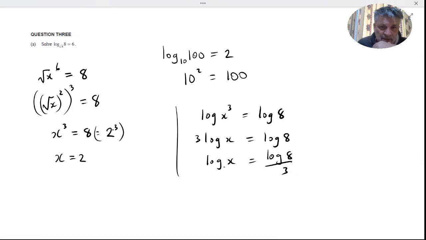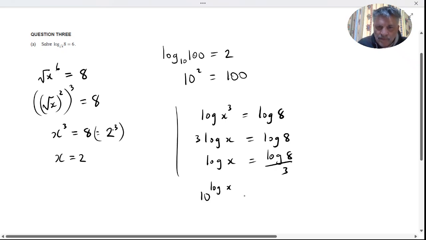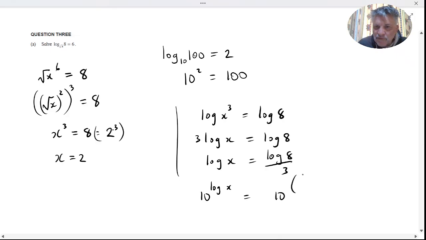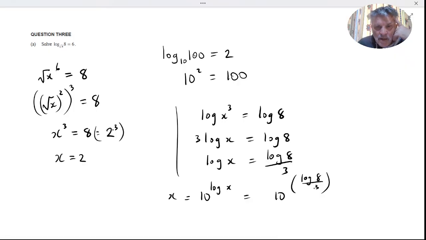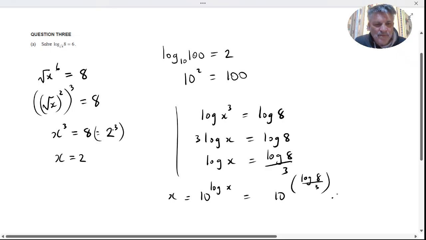So now to get x, you have to raise this. You do this calculation, you'll get something and raise it to the power of 10. So if I go 10 to the power of log x, that's going to be 10 to the power of all of this. Doesn't come out nicely, but this is x, and this calculation here will hopefully give you 2. Pretty sure it will.